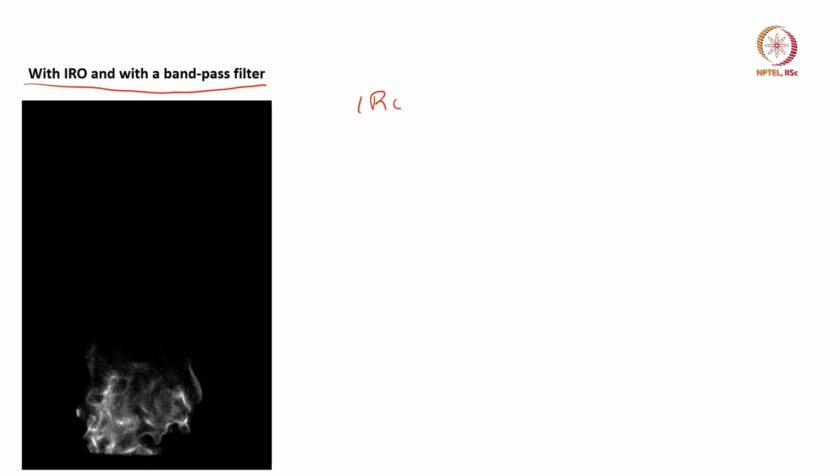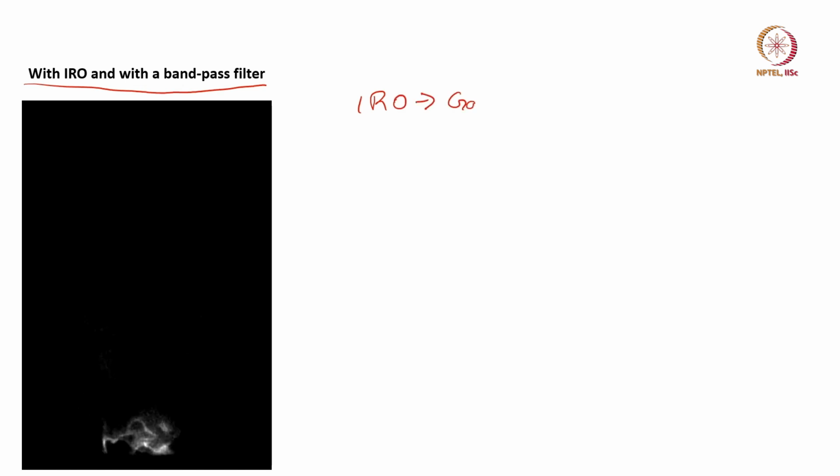As a final experiment, we have performed flame chemiluminescence imaging with IRO and with a bandpass filter. For this setup, we have configured the IRO with proper gain and gate values according to our flame intensity.